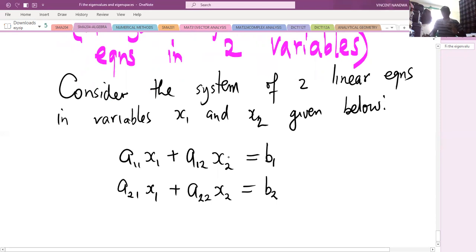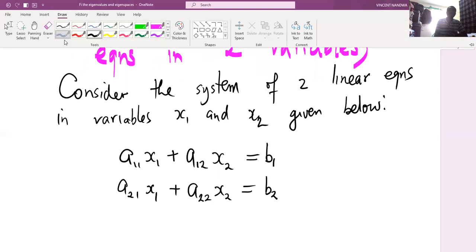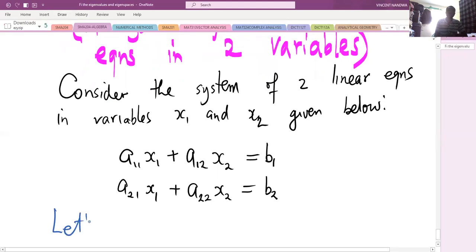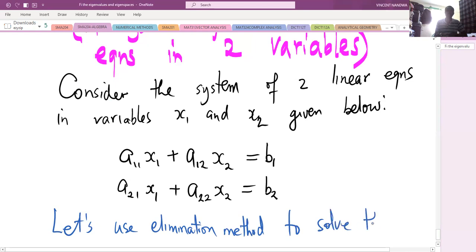So I want us to solve this system using the elimination method to find the values of x1 and x2. So let's use the elimination method to solve the system. Let's call this system 1.